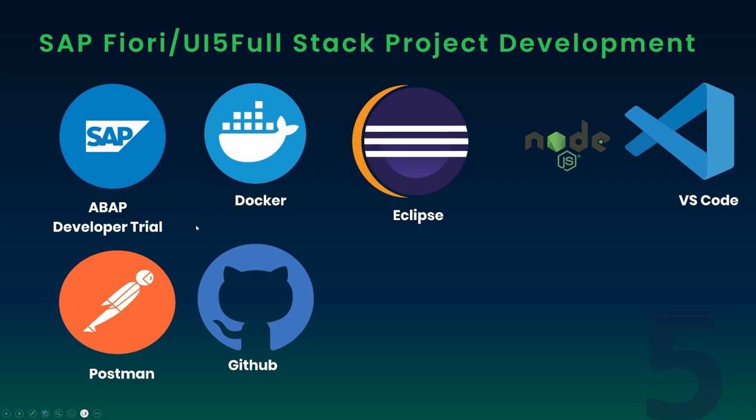If you have 32 GB RAM, then your laptop is enough to do that. I have a separate video, and I will put a link so that you can follow. And you need to install Docker, because the SAP trial edition runs on Docker, so that is the reason you need to install it.